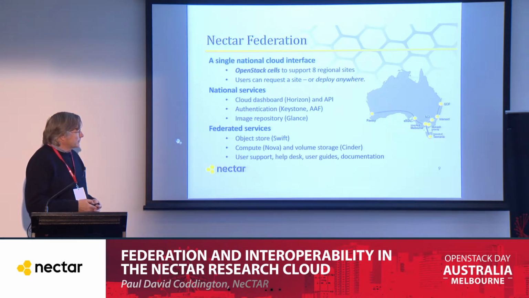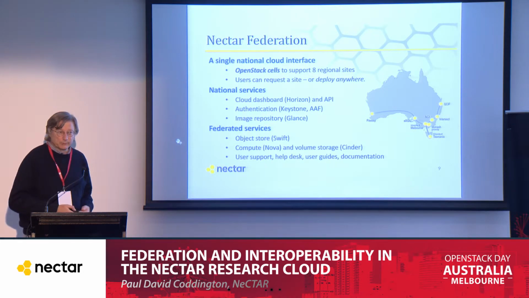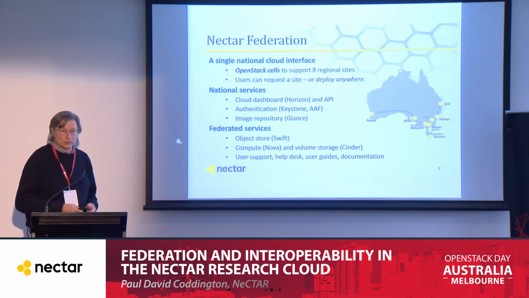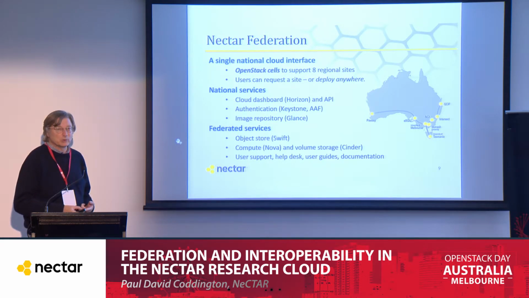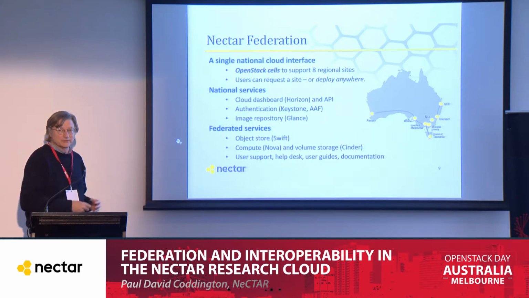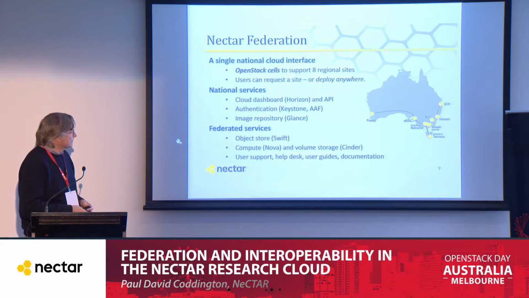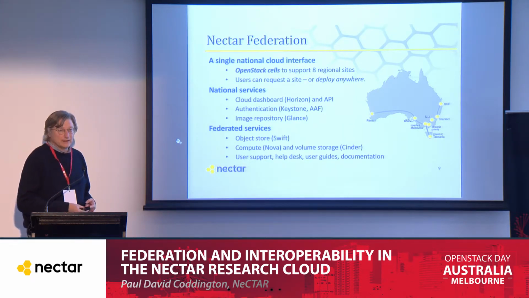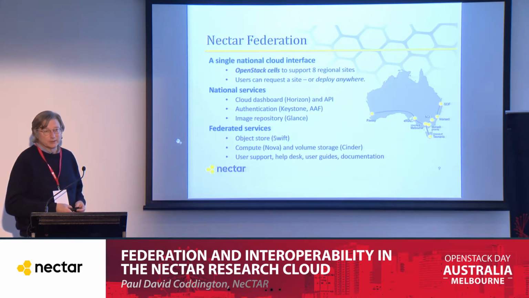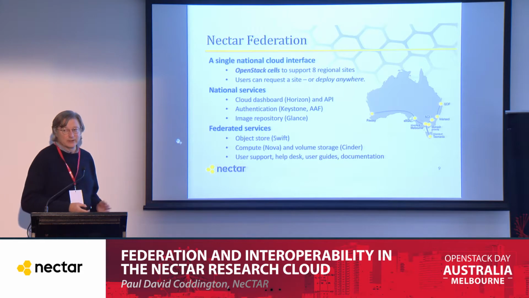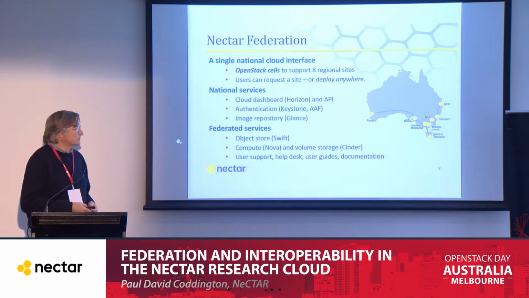So the way we do this, we have a central group of people who run the central core services, like the dashboard, so people see a single national interface to the federation. They authenticate using a central Keystone authentication system, and the way we built that is to leverage off the Australian Access Federation, which is an identity federation that all of the universities and many of the other research institutions in Australia support.